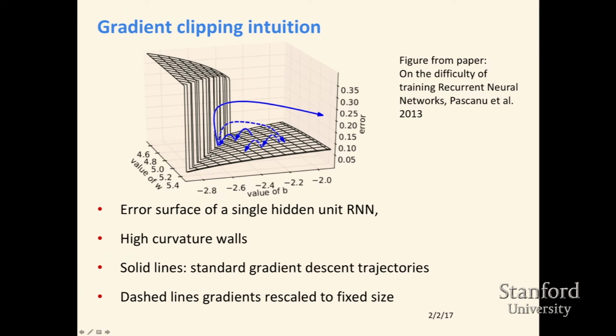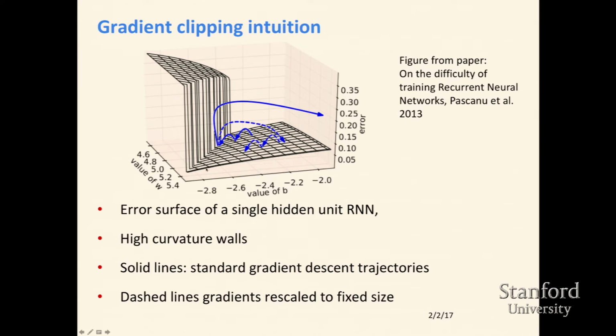And what they essentially observed is that in this error landscape, you have these high curvature walls. As you do an update, each little line here you can interpret as what happens at an SGD update step. You update your parameters and you say, in order to minimize my objective function right now, I'm going to change the value of my one hidden unit and my bias term by this amount to go over here, and all of a sudden you hit these large curvature walls, and then your gradient basically blows up and it moves you somewhere way different.